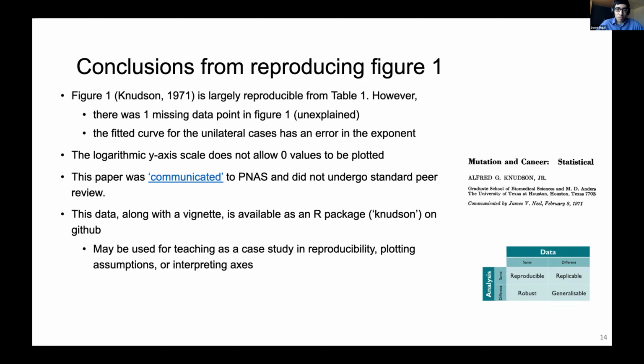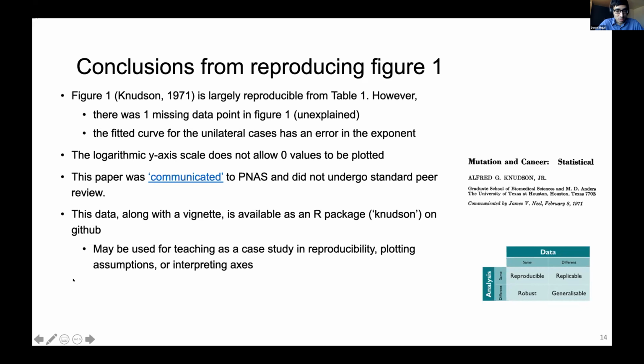The paper itself, just as a note, was communicated, which means that it did not undergo standard peer review, and you can see that here. This is specific to this journal, PNAS, but it's since been discontinued. So this might have been an area where errors could have been introduced through the absence of peer review.